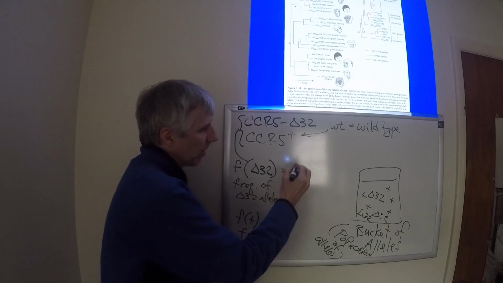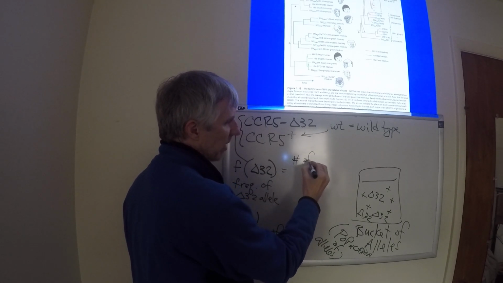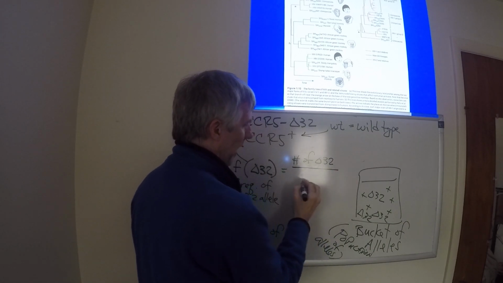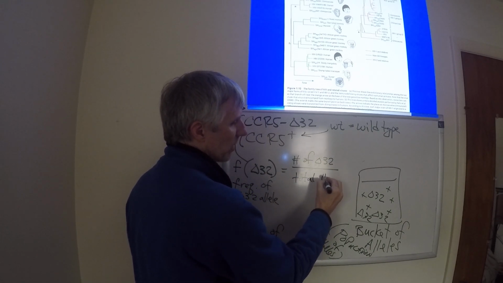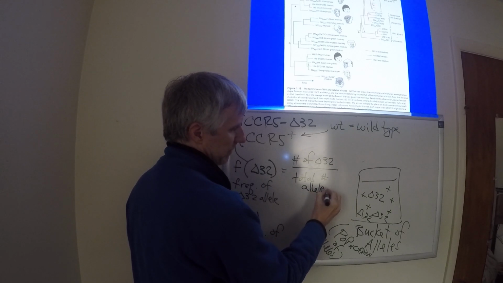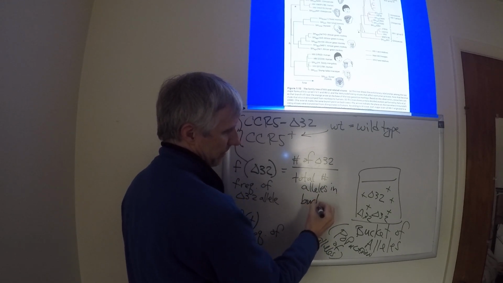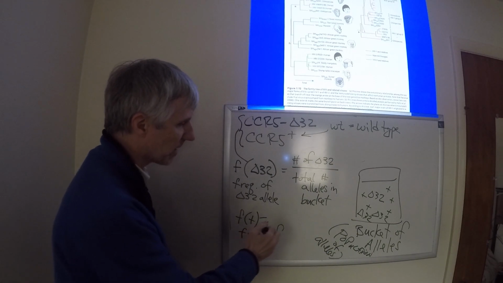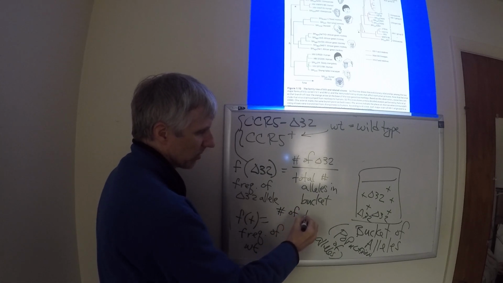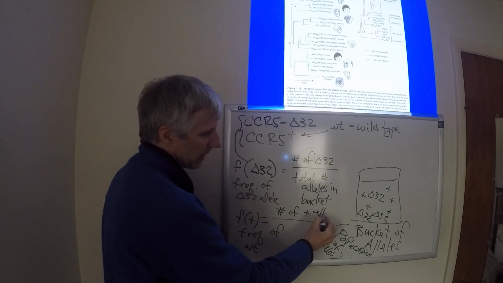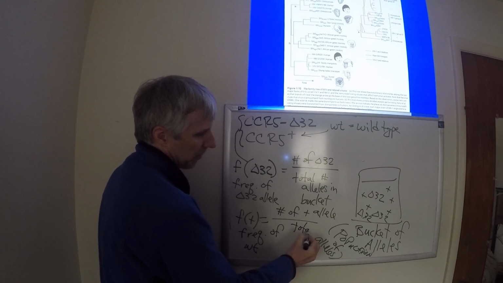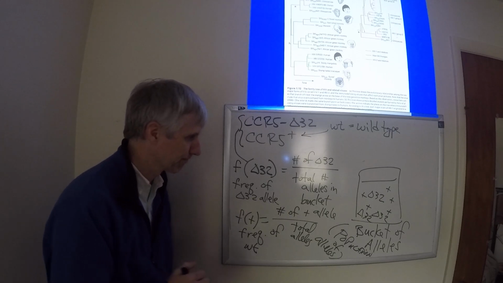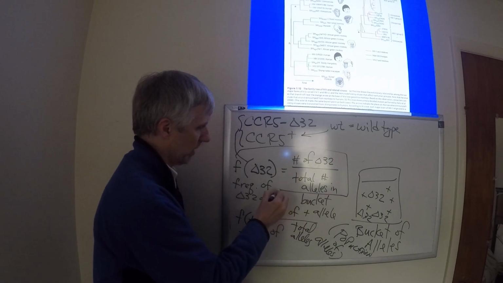I just need to know the number of delta 32 alleles in the bucket, and I need to know the total number of alleles in the bucket. To calculate the frequency of the wild type allele, I need to know the number of wild type alleles, and I need to divide that by the total number of alleles in the bucket. Is that okay? All right.